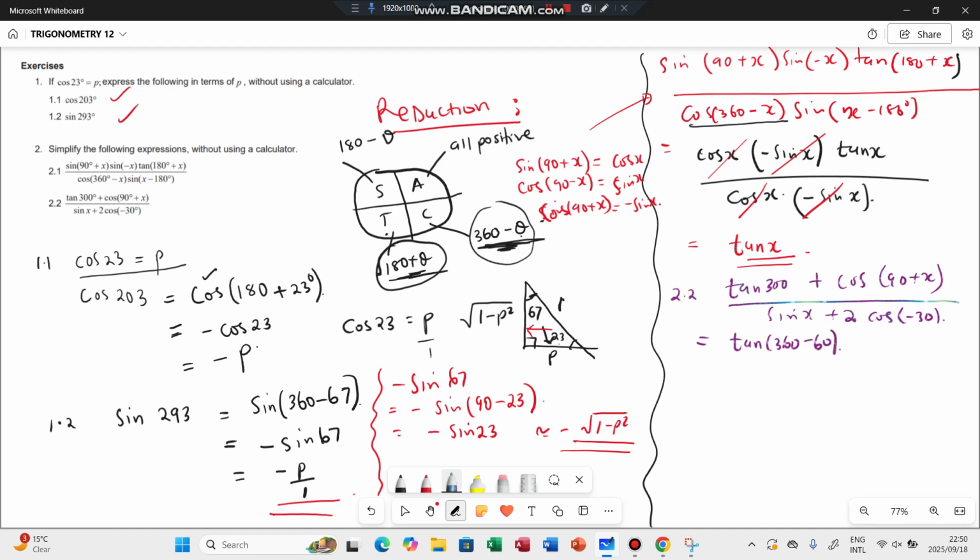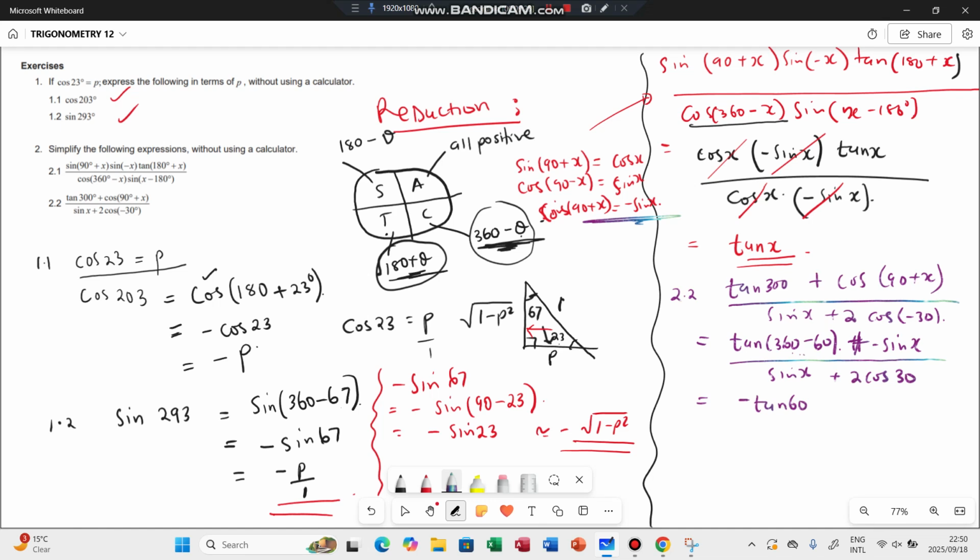Cos of 90 plus x, we saw it here, will always give us a negative sine, so a negative sine of x, divided by sine of x, which remains, plus 2 cos of 30, because cos of a negative is positive. This one is negative tan 60 because it is in the fourth quadrant.